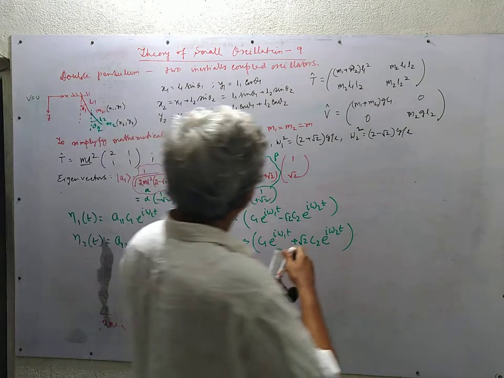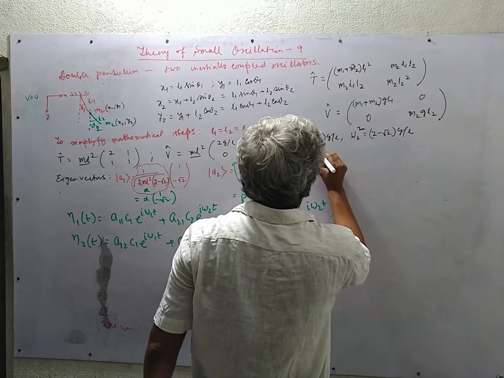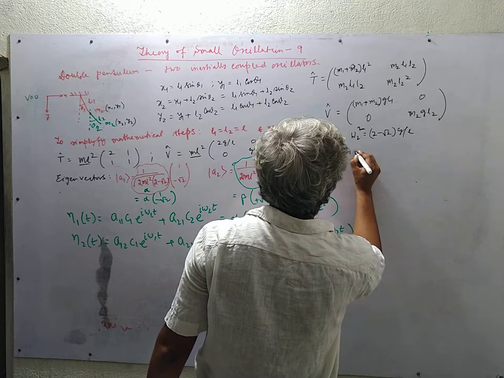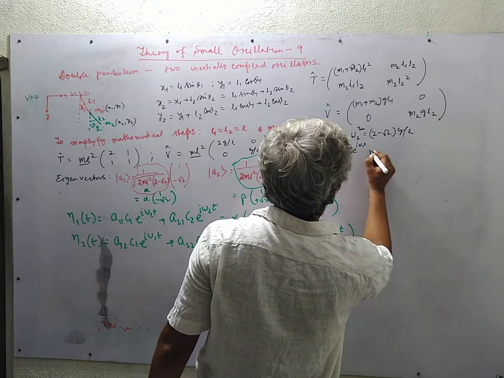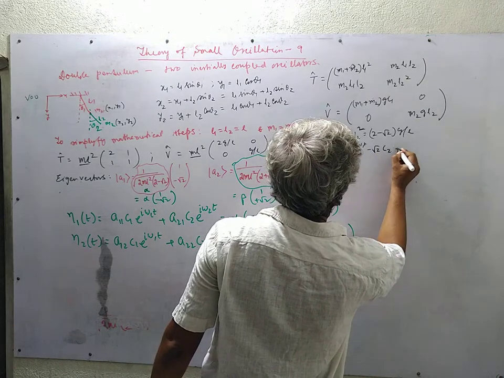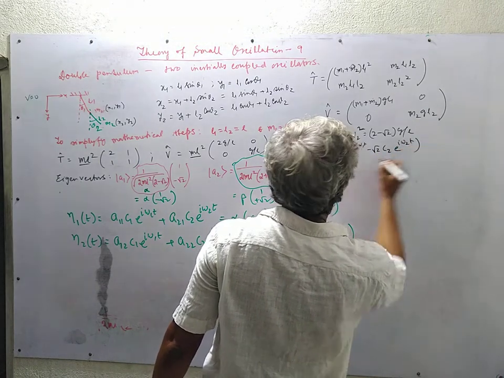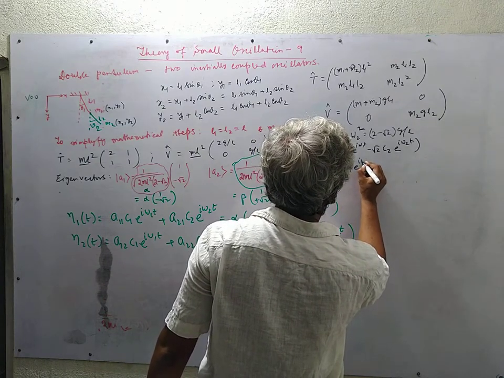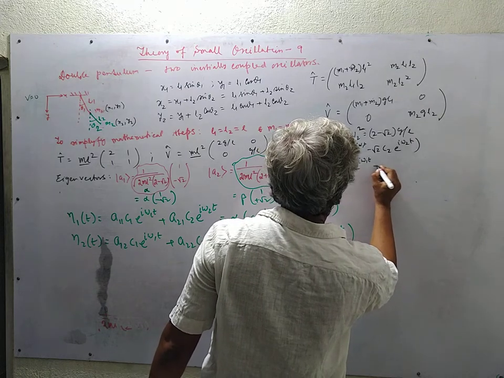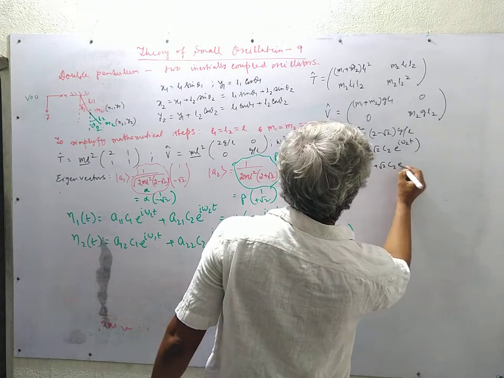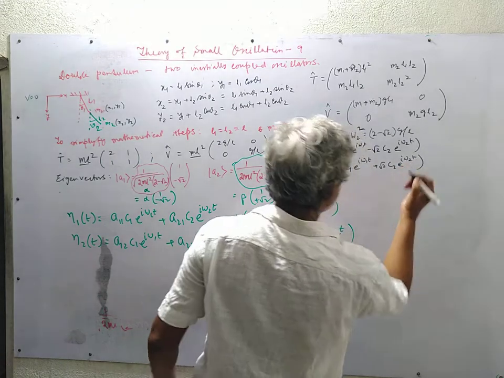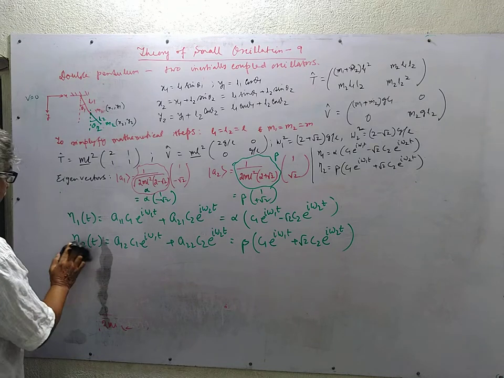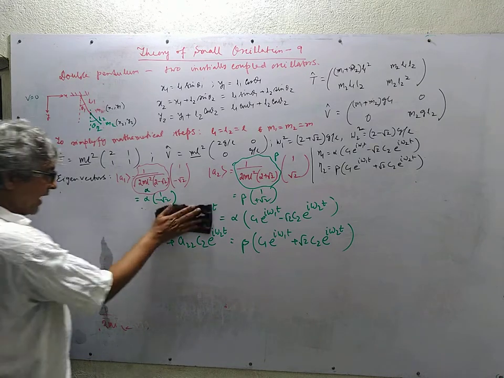So eta 1 is equal to alpha taken common, C1 e to the power i omega 1 t minus root 2 C2 e to the power i omega 2 t, and eta 2 is beta times the corresponding expression with omega 1 t plus the second term. Now, to find out the normal coordinates, we have to construct the modal matrix.